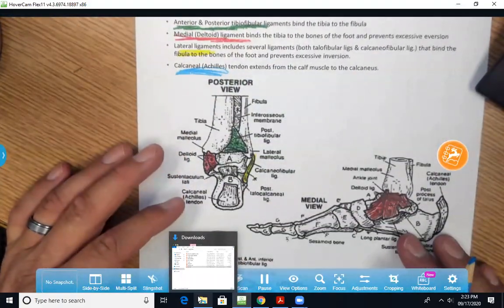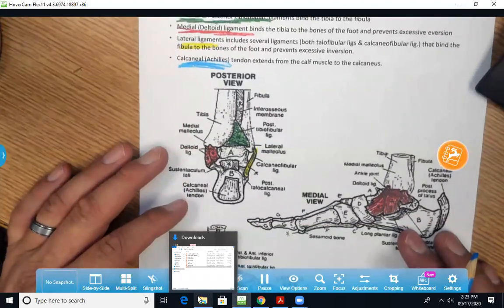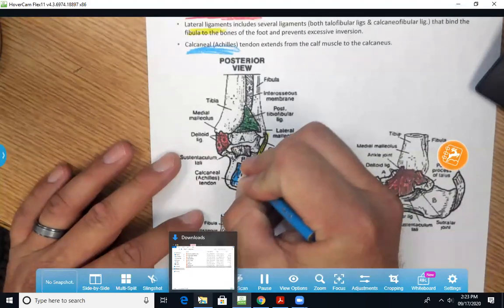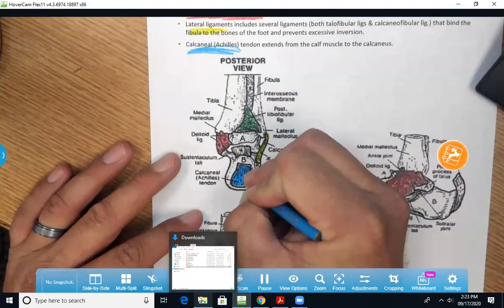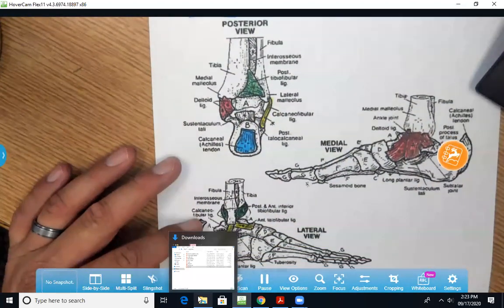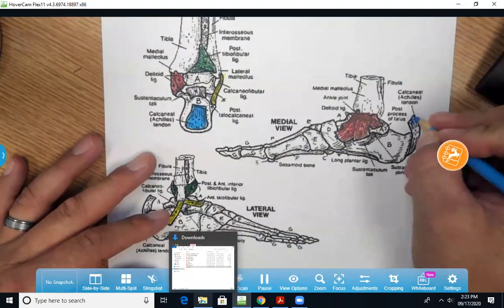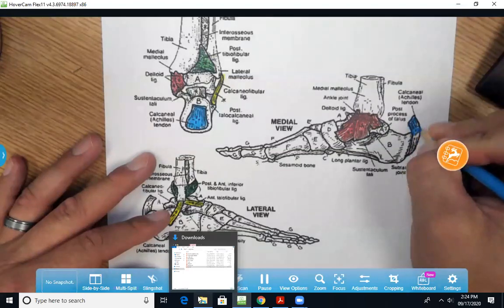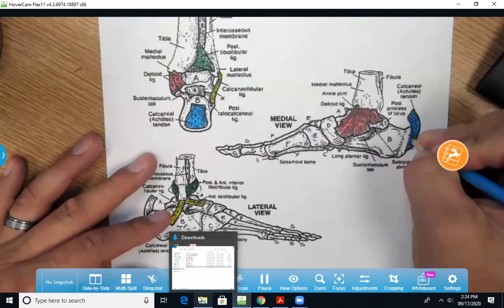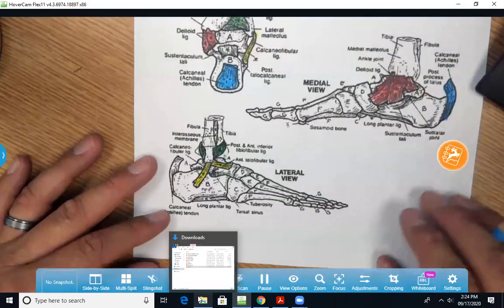Last thing is what we call the calcaneal or Achilles tendon, which really is not so much a structure associated with the joint, but it is a very prominent structure there. So I'm going to go ahead and color what it's done. It's been cut away. This connects to your big gastrocnemius muscle, your calf muscle, that we'll talk about in our next unit.